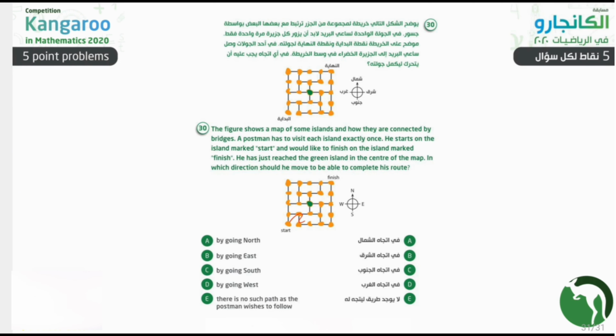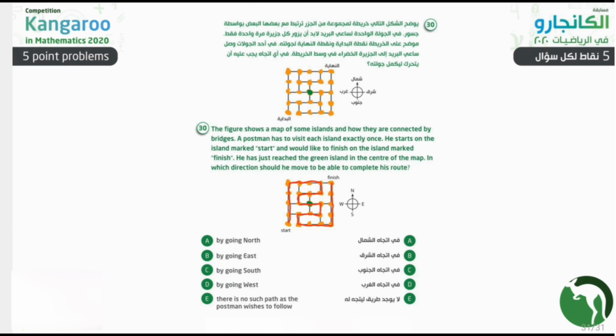So here, if we start from here and continue upward, and then like this to the right, and then here like this and like this in this road, and then to the green island, then continue right, and now to the south, to the west, and to the south again, and then to the north.